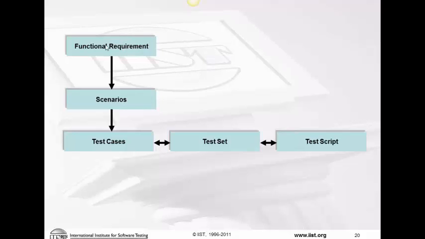As you can see, we start with the requirement. And it does not matter how detailed that requirement is. Of course, the more detailed the requirement is, the better job we can do in designing tests. If we don't have enough details in the requirement, then we're going to have a hard time.